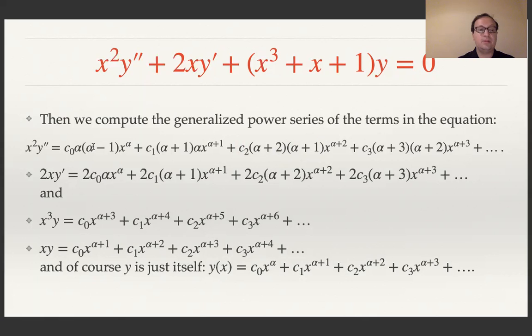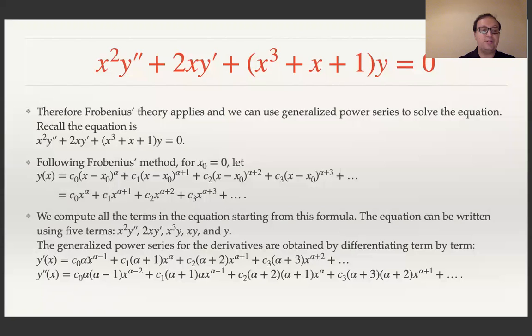Now let's look at the power series of 2xy prime. We get this by taking the power series of y prime and multiplying it by 2x. In the power series of y prime, the first power was x to the alpha minus 1, then the next one is x to the alpha, then x to the alpha plus 1, etc. If we multiply this by x, then the first power will be x to the alpha instead of x to the alpha minus 1.